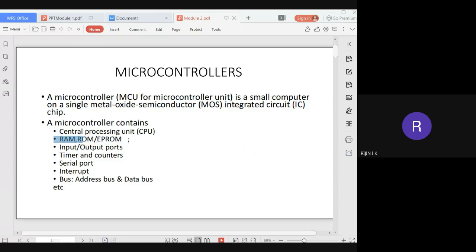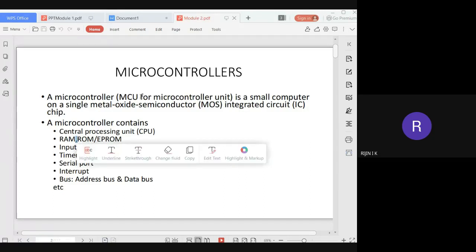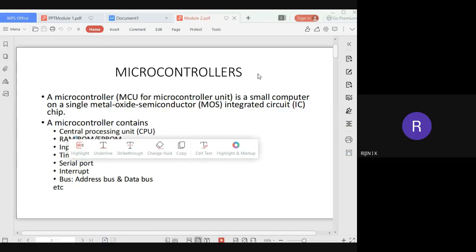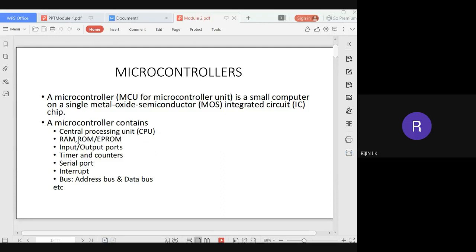ROM-ile content modify ചെയ്യാൻ പറ്റുമോ? What is the difference between RAM and ROM? Yeah, one is volatile and another one is non-volatile. Okay. EEPROM and ROM, any idea? ആരോ answer type ചെയ്തുണ്ടോ?